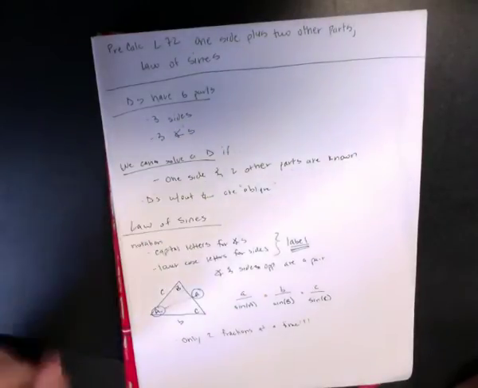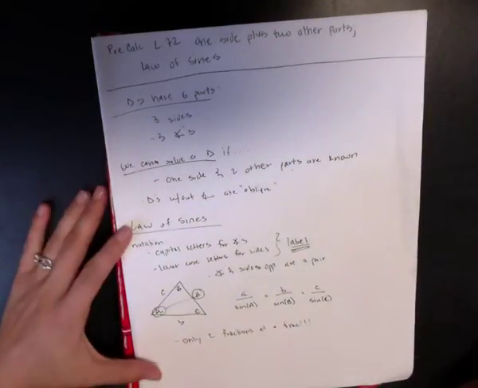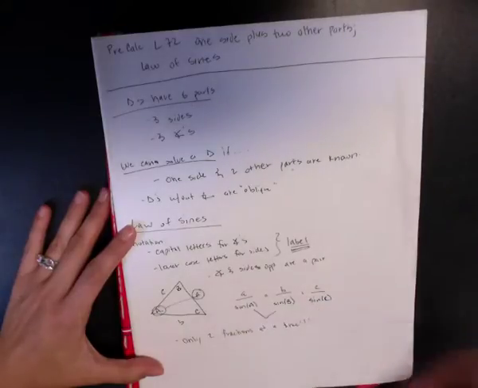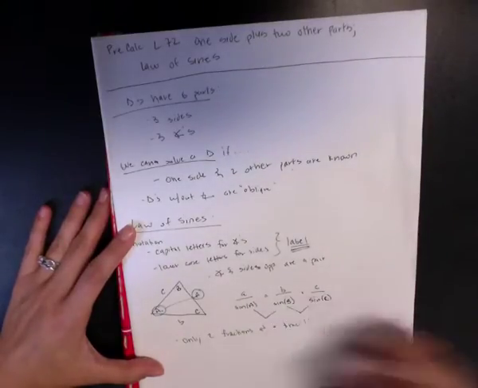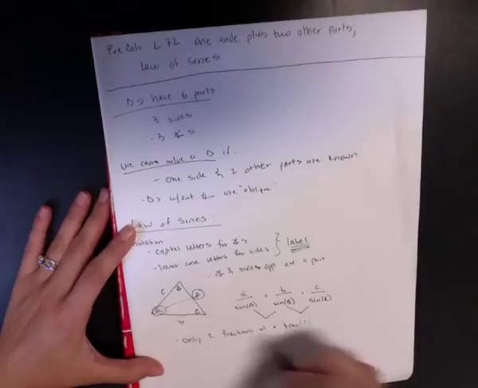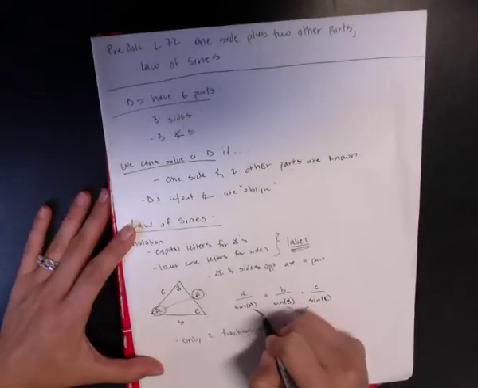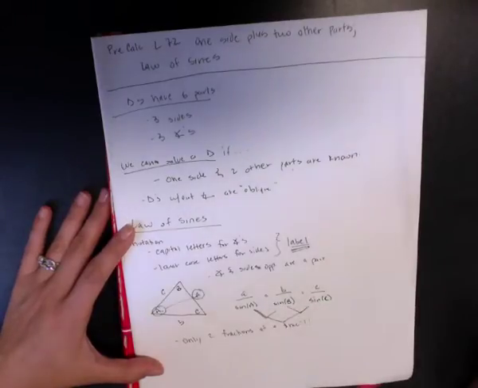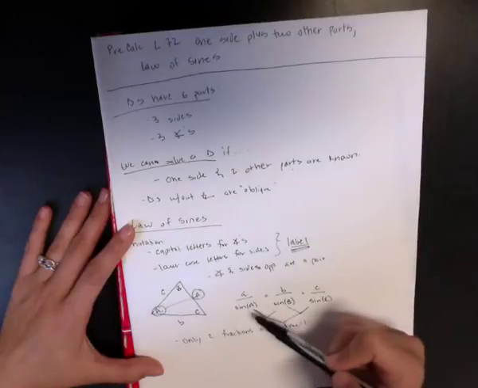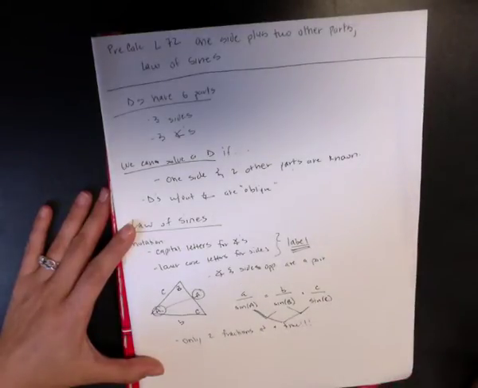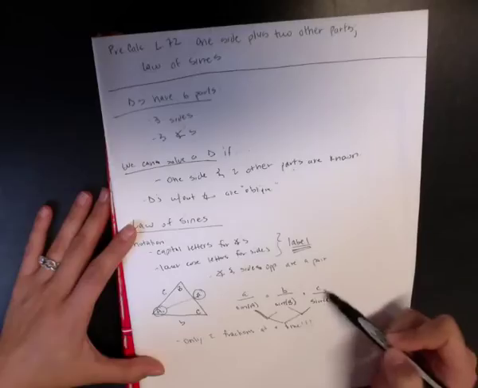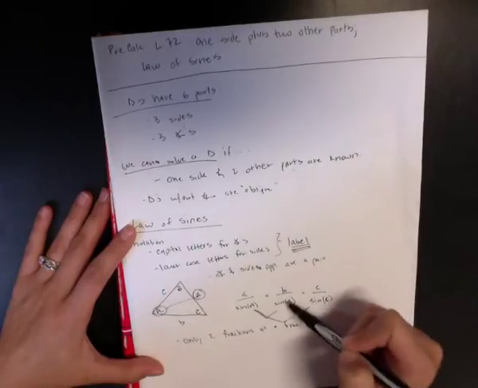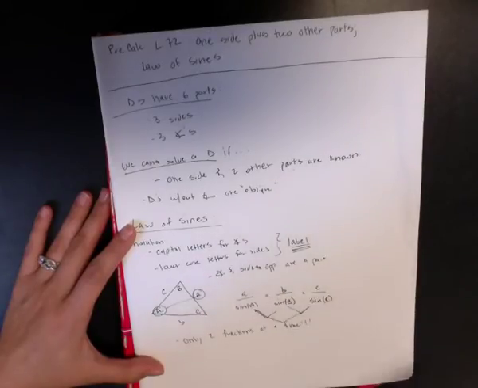We're not going to use all 3, you can only use 2. But if this equals this and this equals this, we can also say that a and c are a pair. Right? a over sine of A can equal c over sine of C, or b over sine of B can equal c over sine of C, or b over sine of B can equal a over sine of A. It doesn't matter which direction you do it.